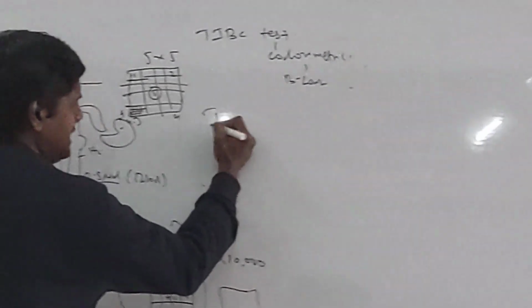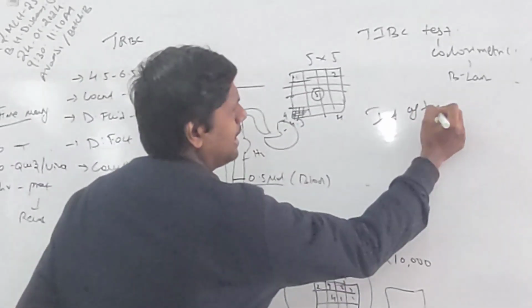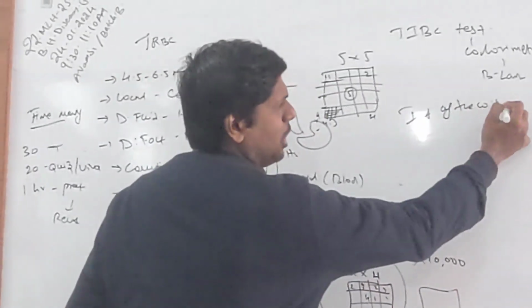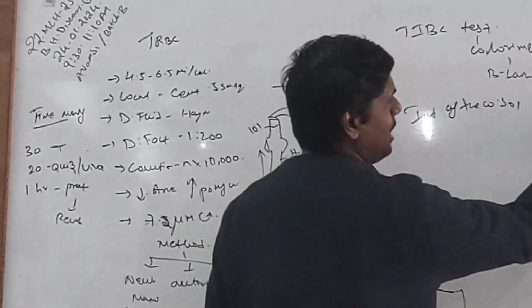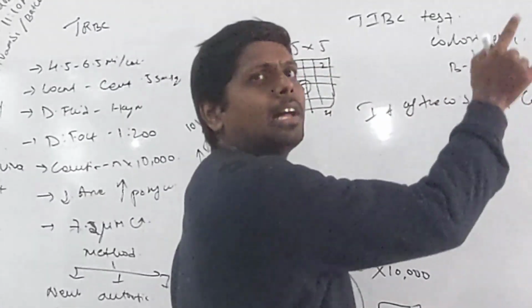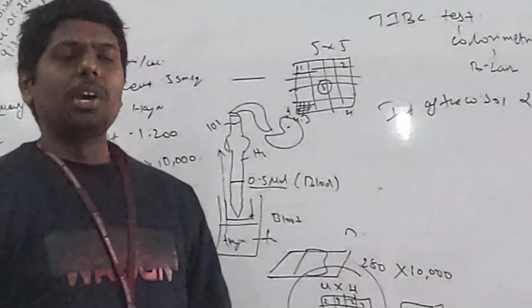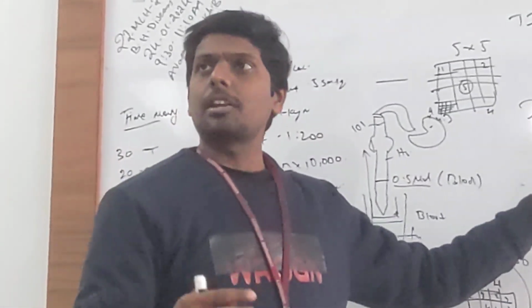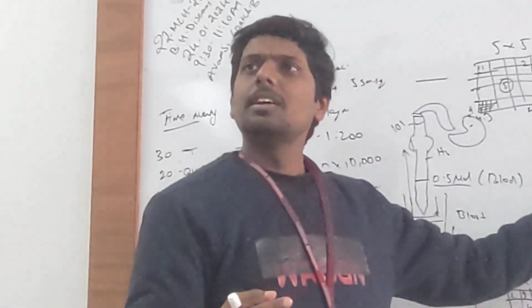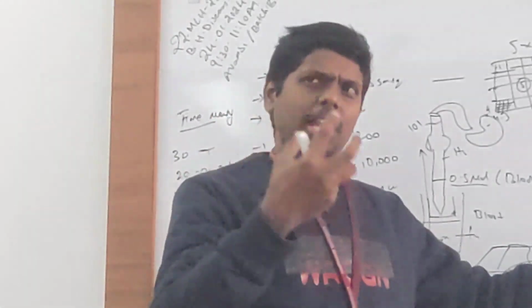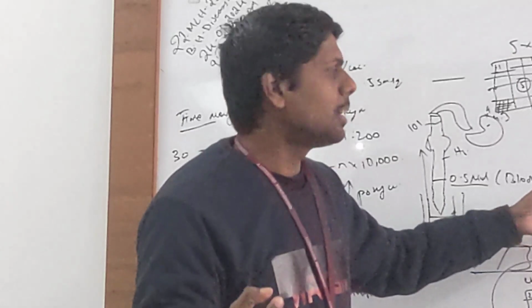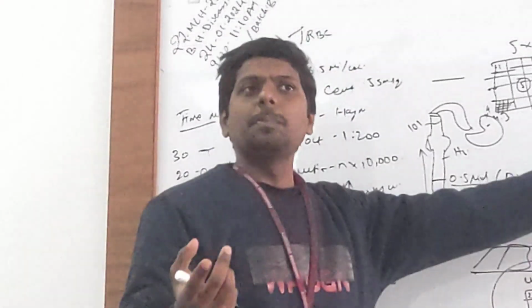So the intensity of the colored solution is directly proportional to the concentration of that substance present in the colored solution. Okay. So if there are 100 molecules of turmeric powder, deep yellow color, 50 molecules, pale yellow color, 2 molecules, very pale. Okay, light yellow color. So yeah, that's it. That is Beer Lambert's law.